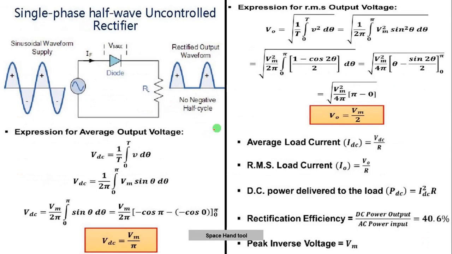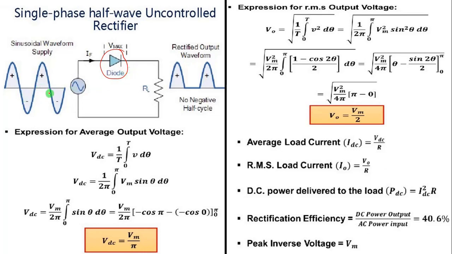This is a diagram of a single phase half wave uncontrolled rectifier. It is called an uncontrolled rectifier because in this rectification circuit we are using diodes. If you are using a diode, it is an uncontrolled rectifier.